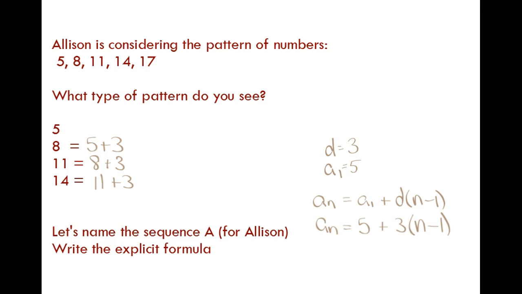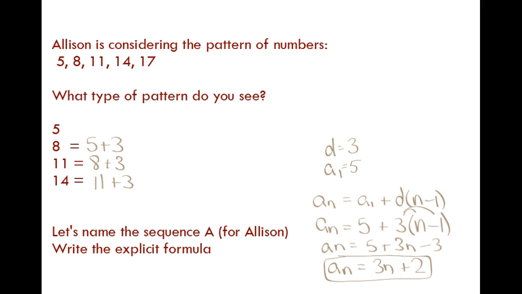Did a little bit of algebra to get it cleaned up looking. And there you go. And that's the explicit formula. But the explicit formula doesn't tell you the pattern, doesn't have the pattern right in there. It kind of does if you understand what 3n meant. And it also doesn't tell you naturally what the starting position is. It doesn't tell you that 5 was the first term. You have to kind of figure that out by plugging in a 1.